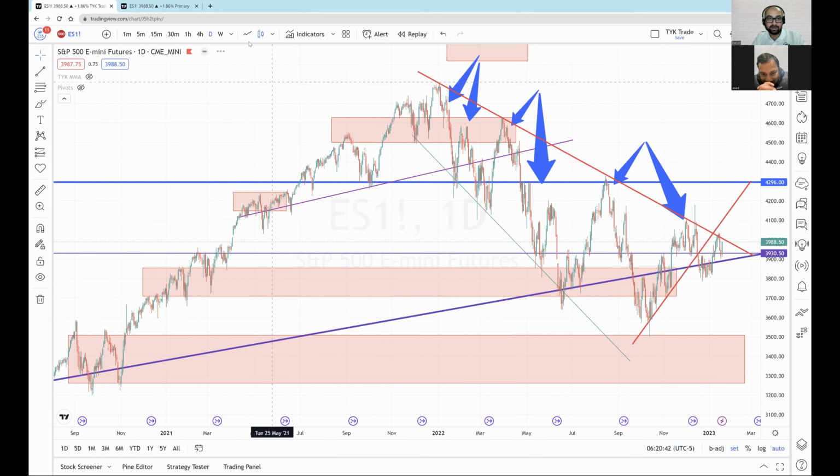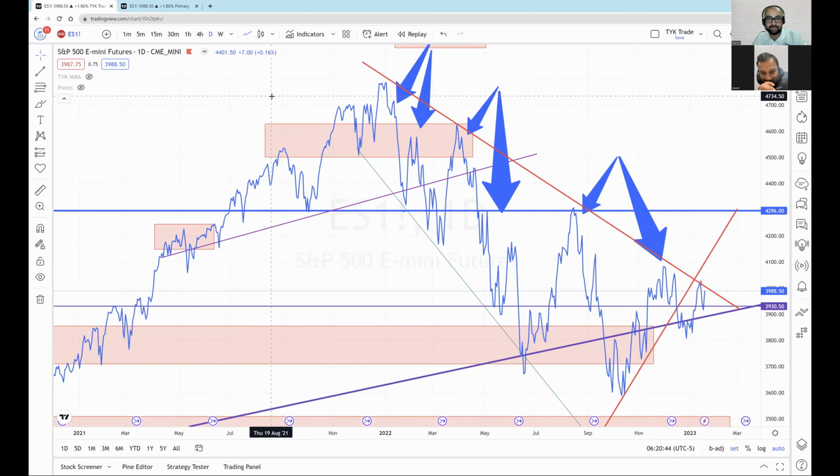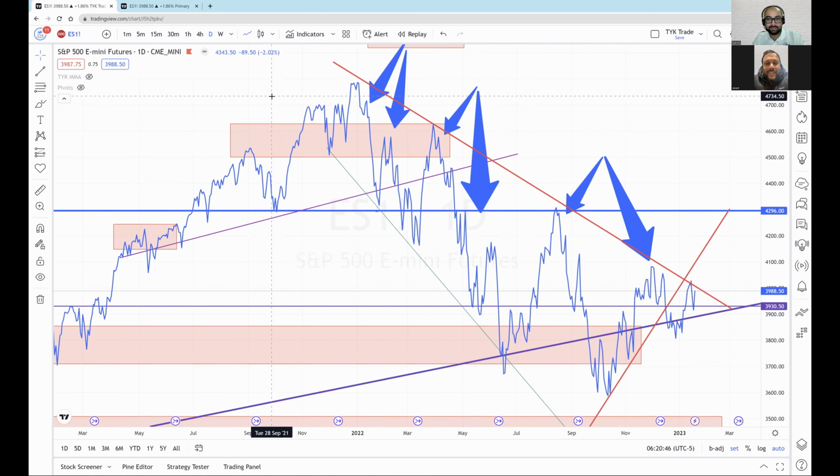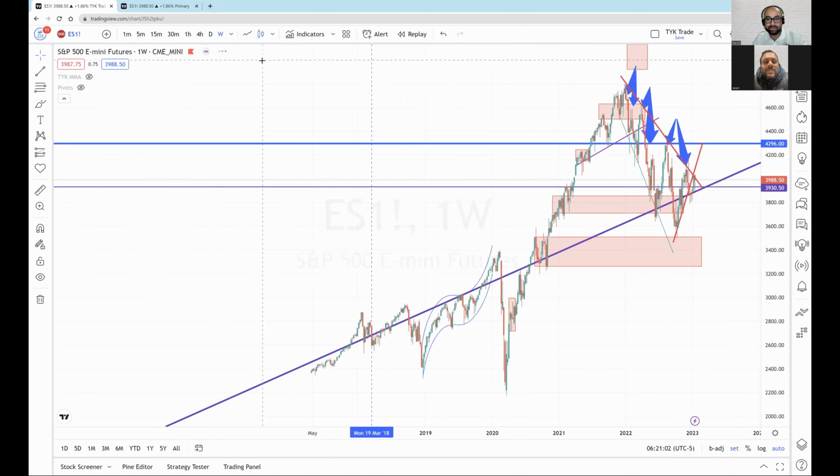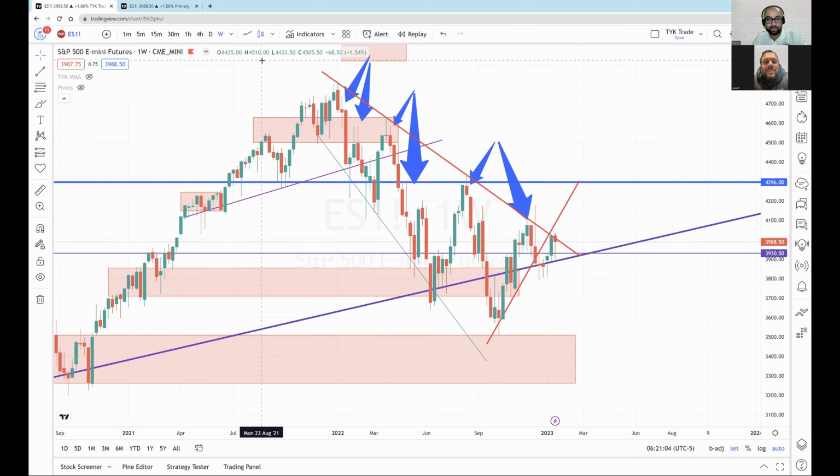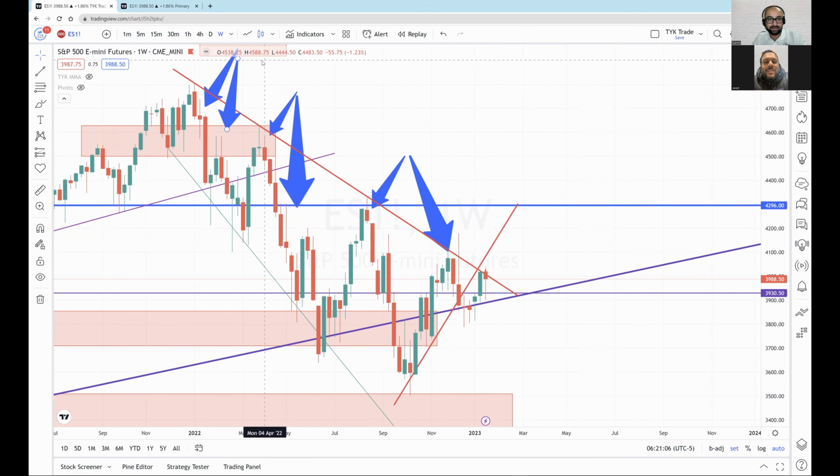And if I were to put it on a line chart on daily, every single one touches this line. You can't see it on the line chart because you can't see the candles. Okay, got it. So if I were to go back to candles and weekly, you will see the wicks touching this line. Every single other one touches.